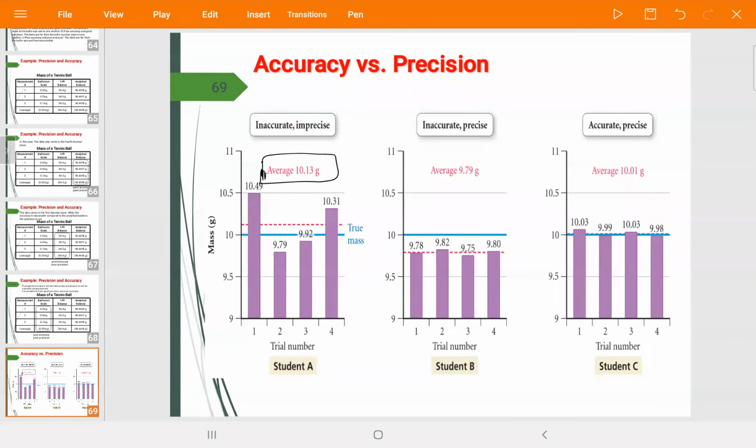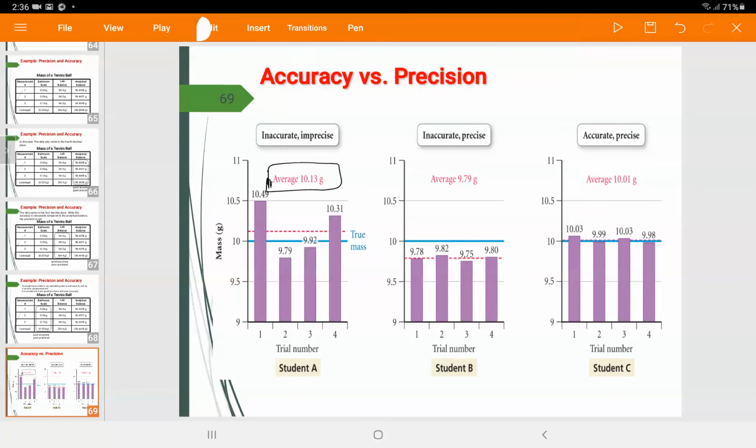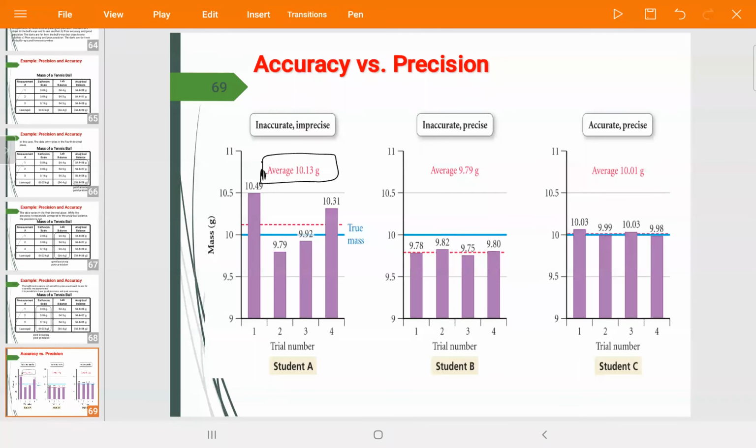So here, as you can see, the measured values are spread apart, as well as far from the average value or the true value. So in this case, these measured values are neither accurate nor precise.